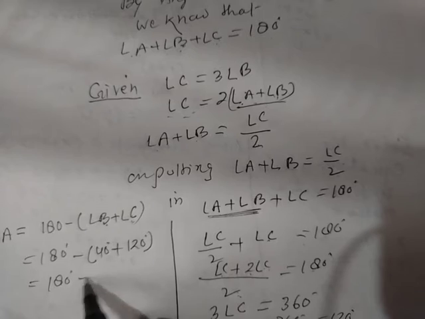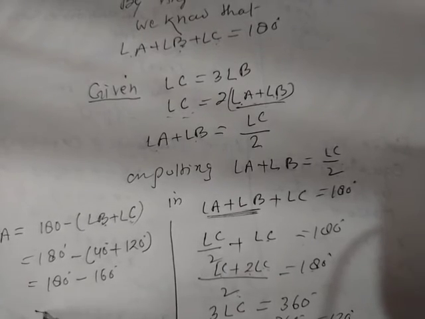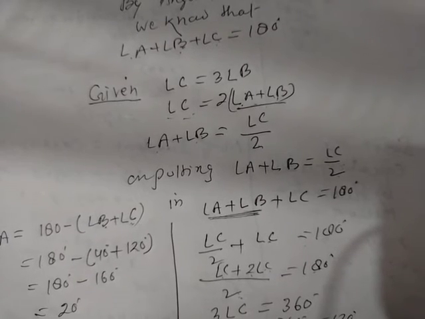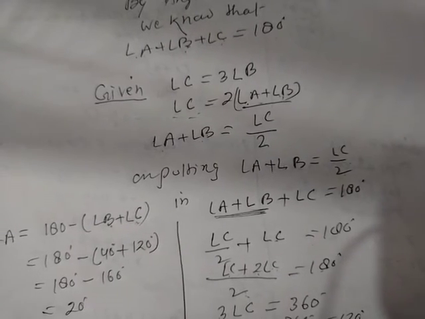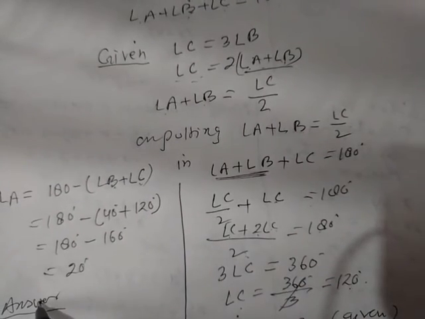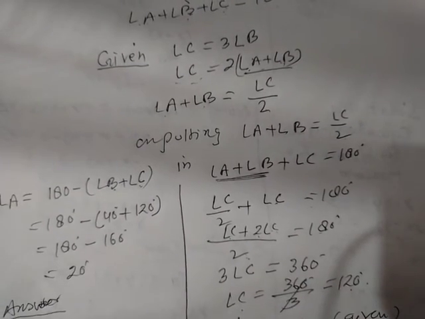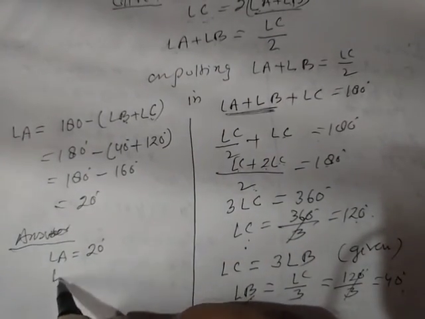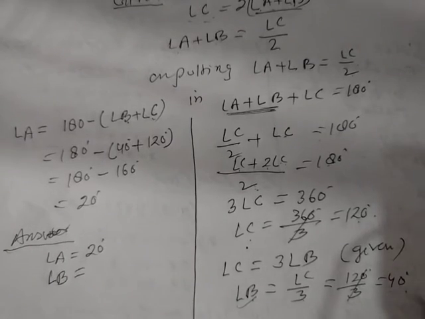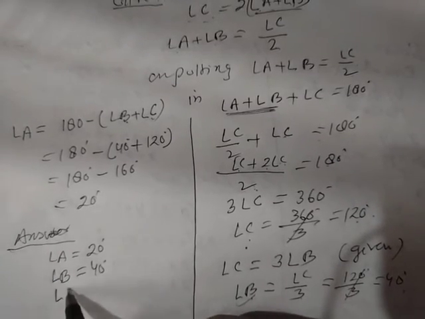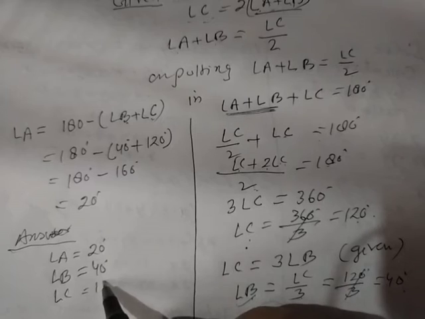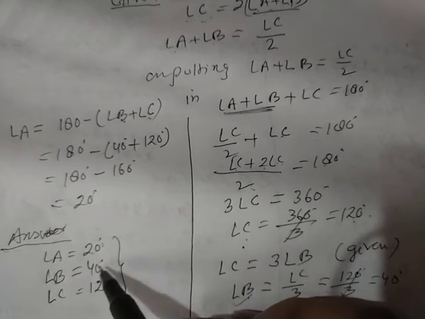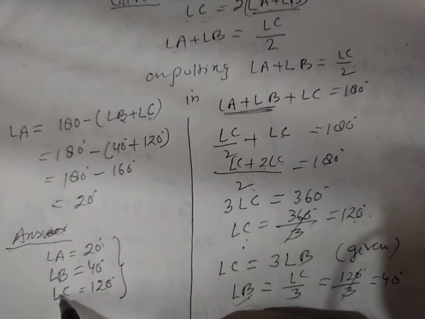Now 180 minus 160 degrees, that is 20 degrees. Now your answer: angle A equal to 20 degrees, angle B equal to 40 degrees, angle C is equal to 120 degrees. Now see, this is the answer of the question. I hope you understand, you are clear.